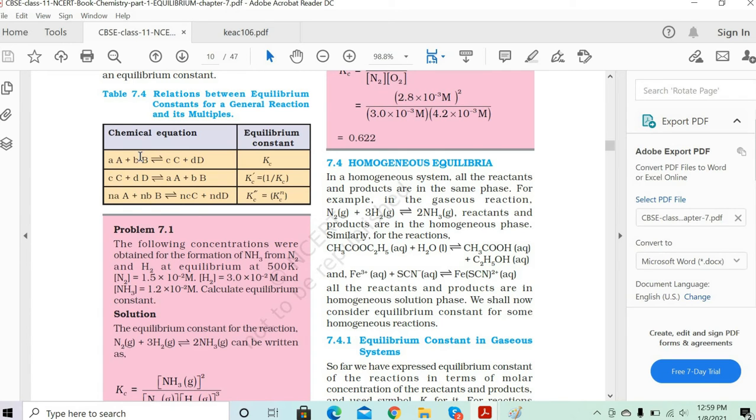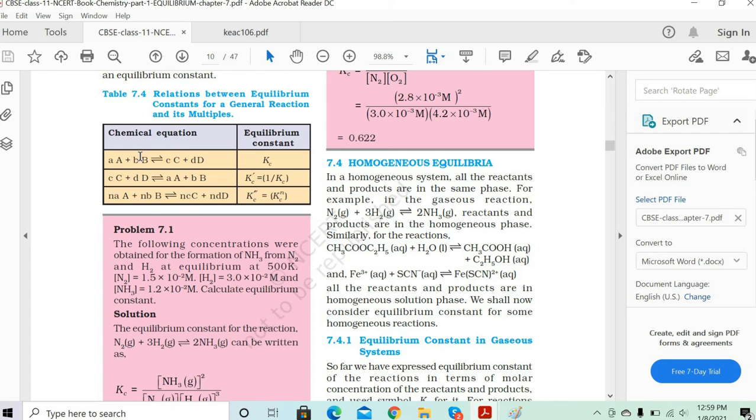Okay, no problem. You wrote down this part. First one is very simple: a moles of A reactant plus b moles of B reactant gives you c moles of C and d moles of D. Normally the equilibrium constant will be the concentration of C to the power c, concentration of D to the power d, divided by concentration of A to the power a into concentration of B to the power b.